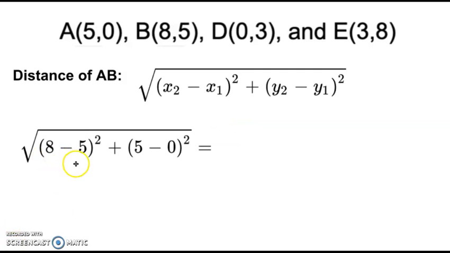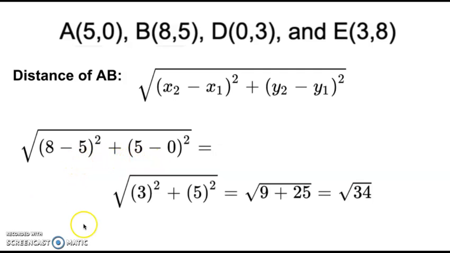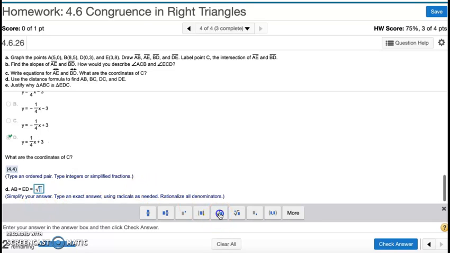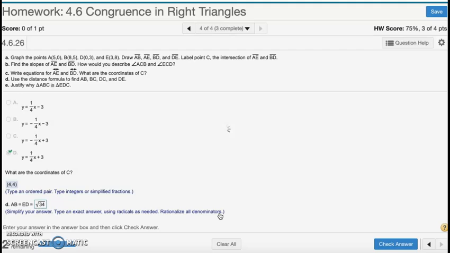So 8 minus 5 is 3, 5 minus 0 is 5. 3 squared is 9, 5 squared is 25. We add them up and we get 34. Now, 34 isn't a perfect square, so our answer is just going to be square root of 34. So let's type that in.